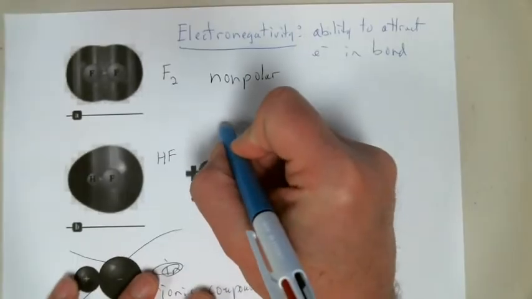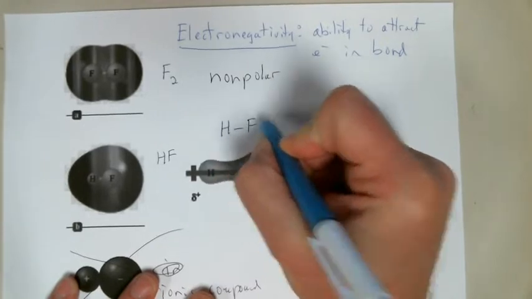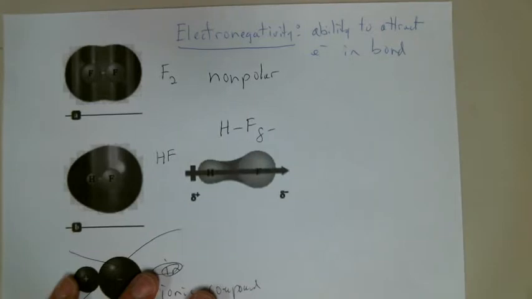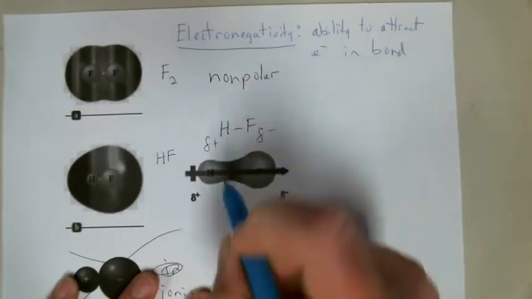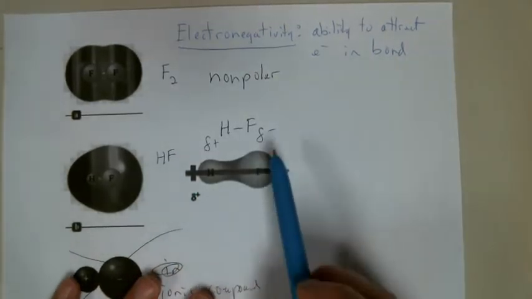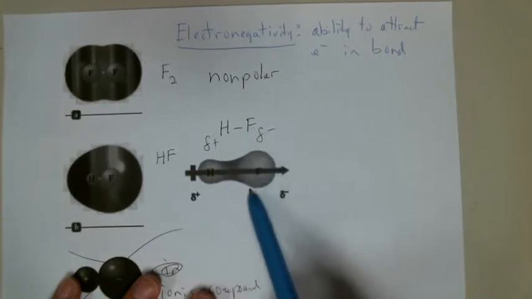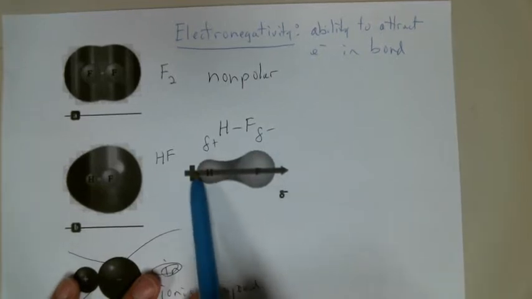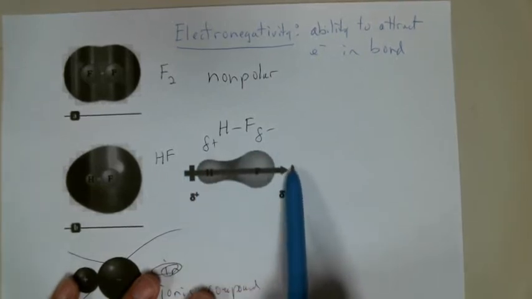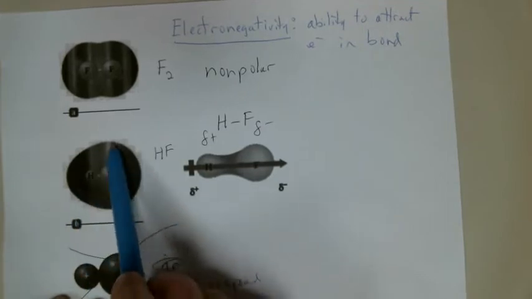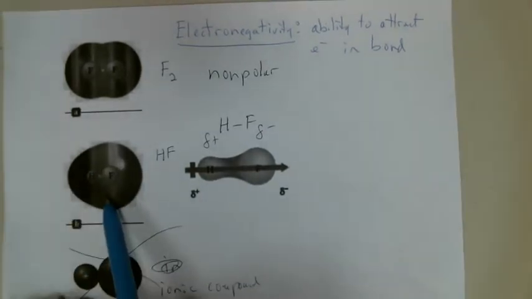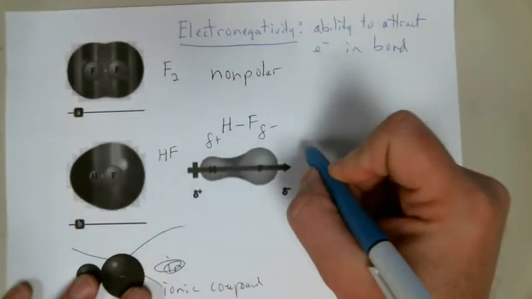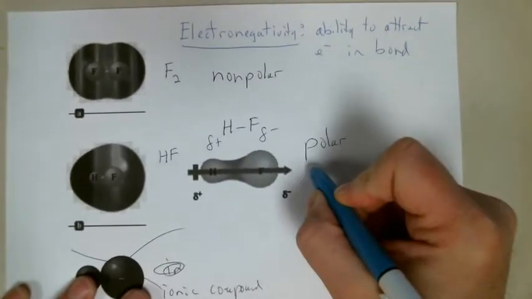A lot of times what we'll do is we'll draw it like this, and then we put this little delta minus by the fluorine and delta plus, just like they've done here, showing that one side of the molecule is more negatively charged, one side is more positively charged, and there's a vector showing which way that charge is going. And this shows kind of what the orbital would look like. The electron density is just more on that fluorine side. So that's a polar molecule.